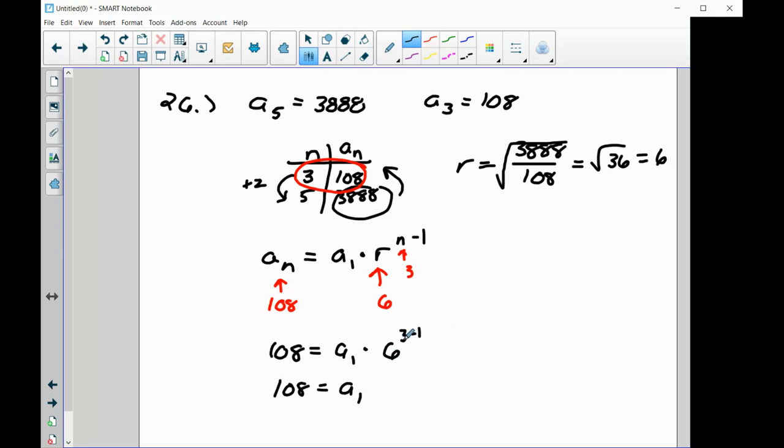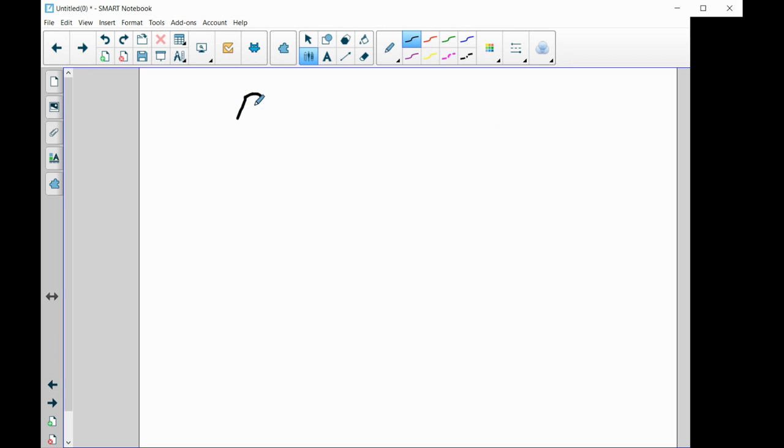And 6 to the second is 36. So a sub 1 is 3. So the recursive rule is going to be a sub n equals a sub n minus 1 times r, which is 6, comma, a sub 1 equals 3.